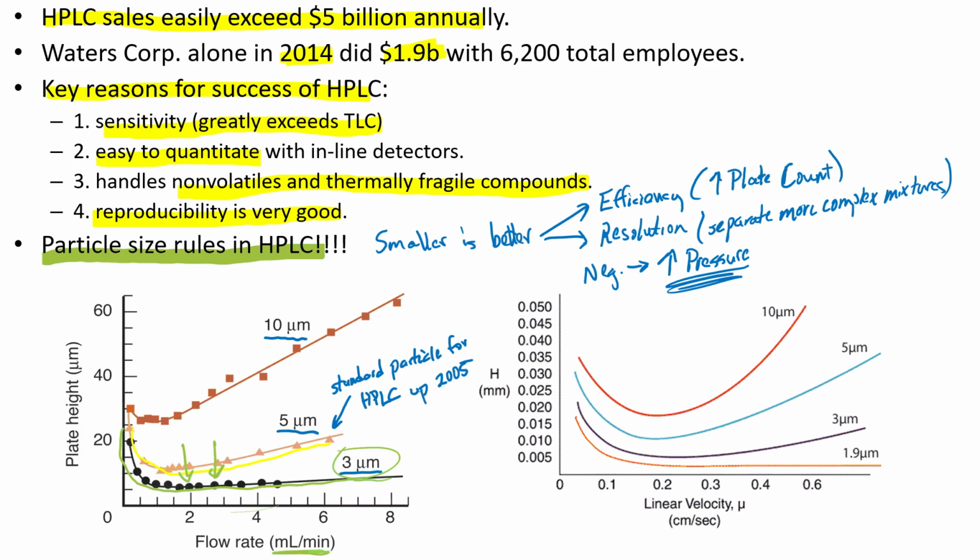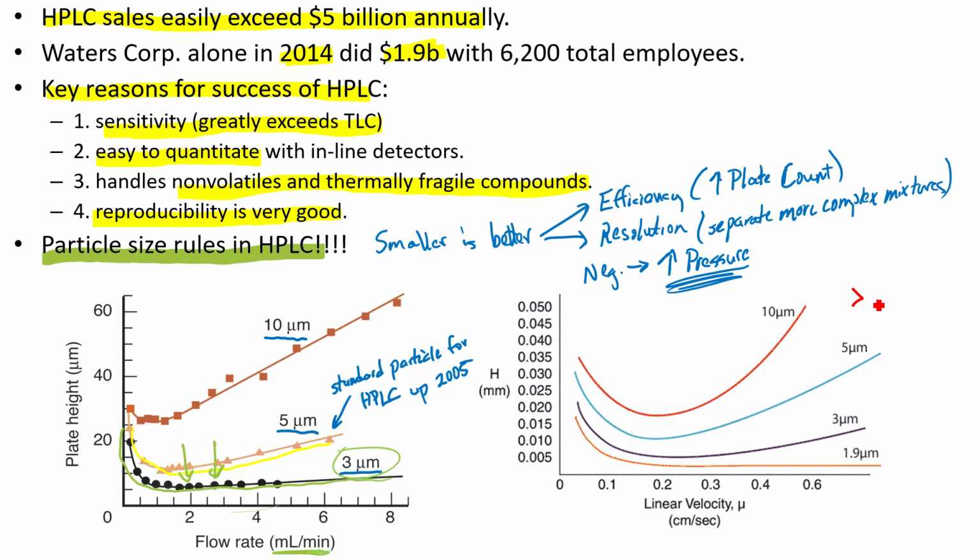And then we started going to, let's do more of these 3 micron particles in shorter columns so we can deal with the amount of pressure. Then there became a shift in about 2005: well, let's try to figure out how to deal with the pressure, and let's even go smaller. So that's what happened on the right-hand side.